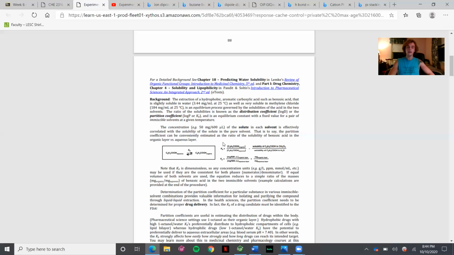So basically, it's a ratio of how soluble something is in organic. Because if you have two organic solids and they both dissolve in organic solvents, one of them dissolves more readily than the other. How do you decide which? You compare them by looking at the ratio of how it dissolves in the organic to the aqueous.